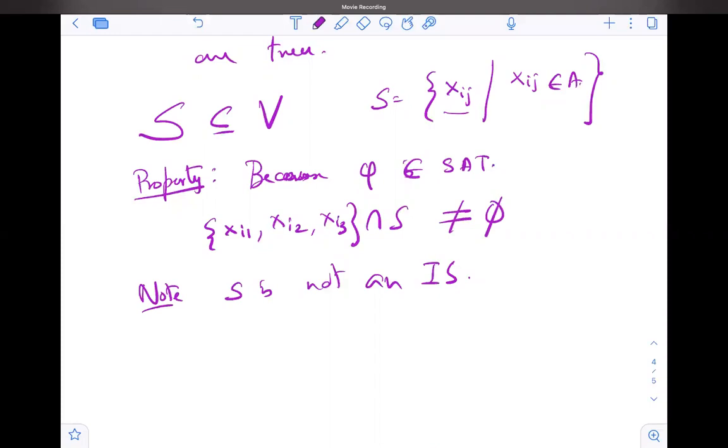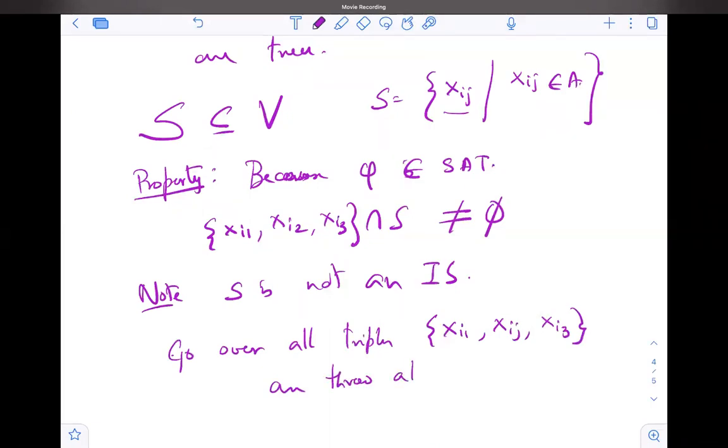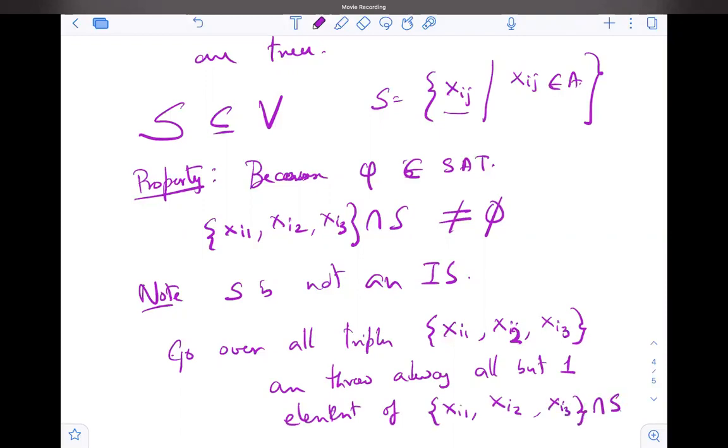Okay, so what I do is that arbitrarily, go over all triples xi1, xi2, and xi3, and throw away all but one element of the intersection with S. So if this intersection is 1, just keep that.